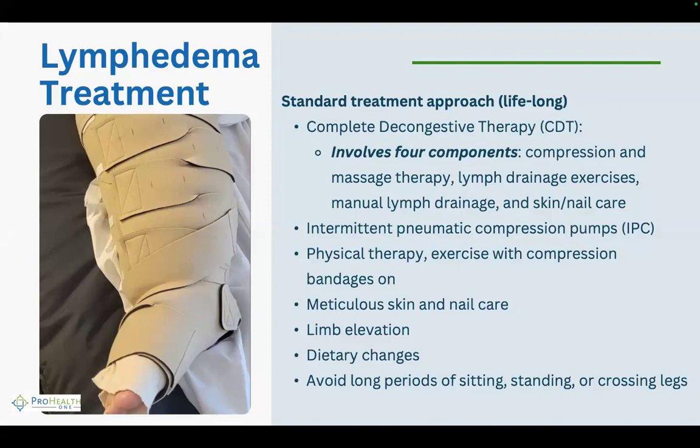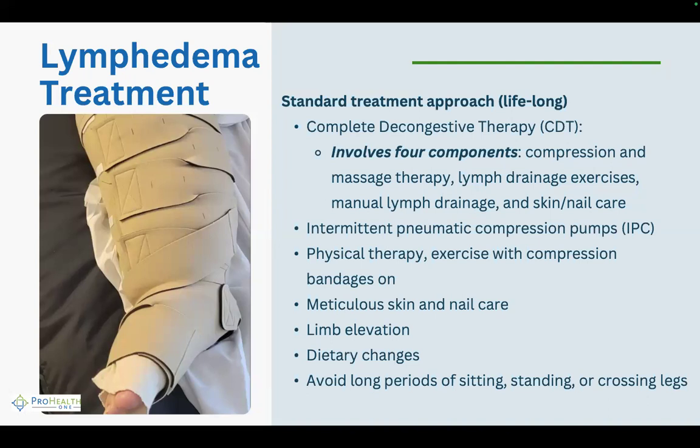So talking a little bit more specifically about compression. The standard treatment really for lymphedema is a procedure which is usually a specialty of lymphedema specialists. It's called complete decompressive therapy. And this is a program that they have that includes 4 components.